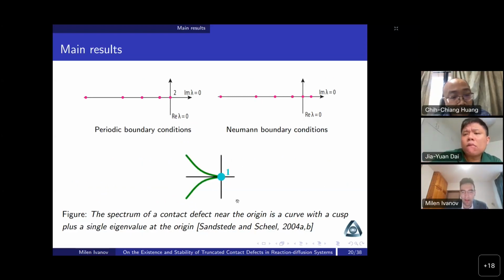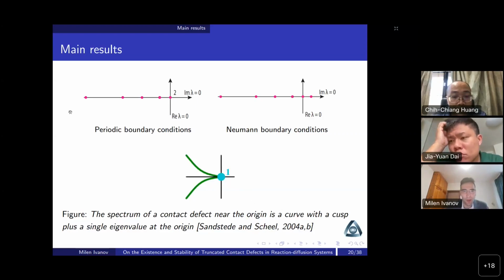In an additional work, they use an Evans function to extend the spectrum and see that there is an eigenvalue of multiplicity 1. For this presentation, for this research, we draw very much on the study of the stability of a contact defect on R. We draw very much on their methods in the second paper.